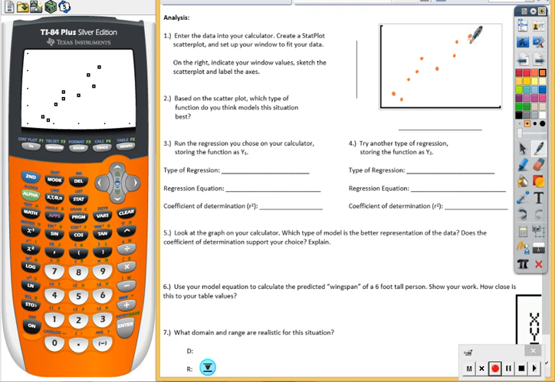Now the things that I need you to label: I want to see what you chose for your window, so put your X min and X max, your Y min and Y max. And I need to see a wording label for what X values even stand for. X values stand for height in inches, and our Y values stood for wingspan in inches.